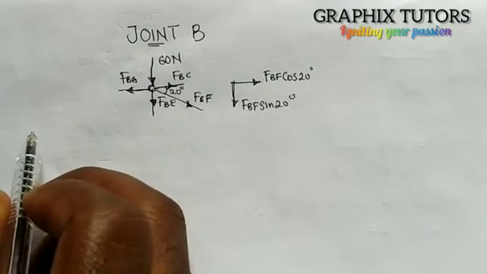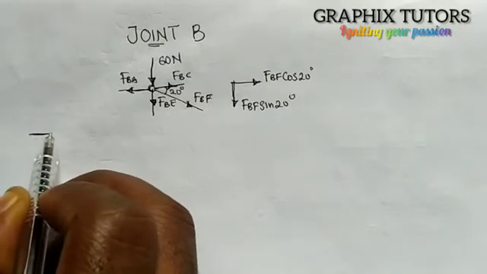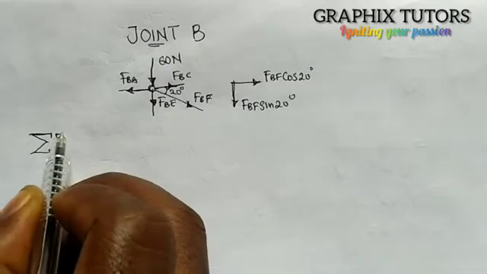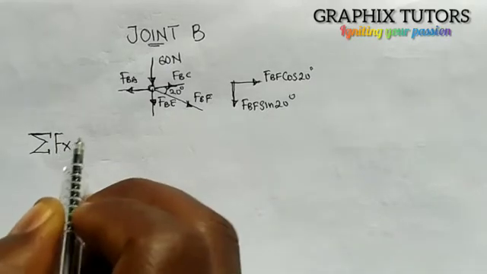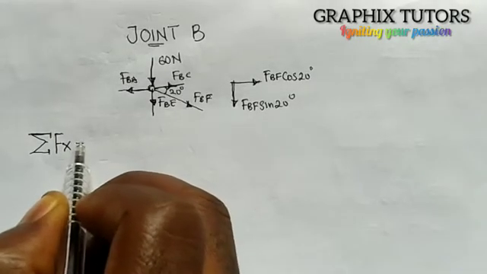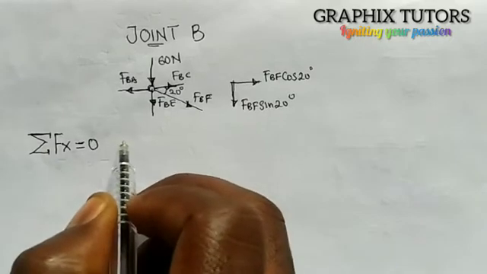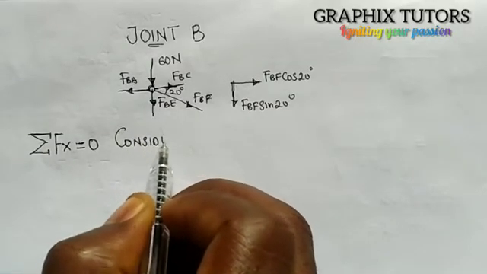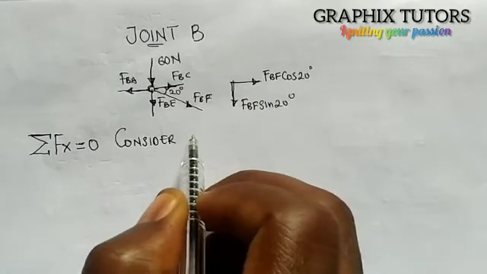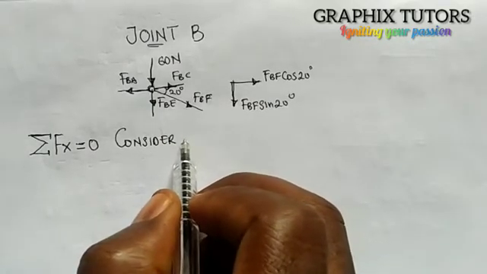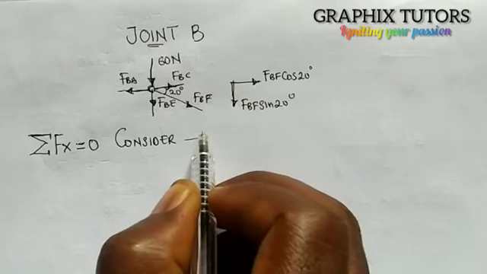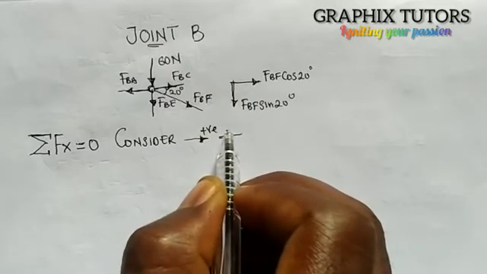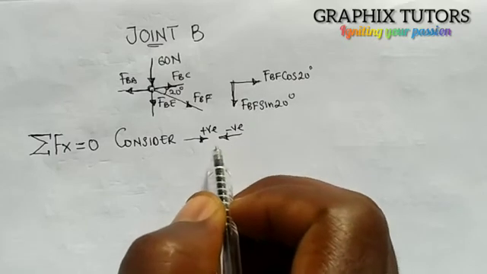Now, the first thing is the condition for equilibrium. The summation of Fx equals 0, where we consider force towards the right to be positive and force towards the left to be negative, right?